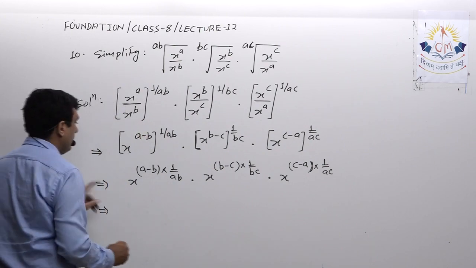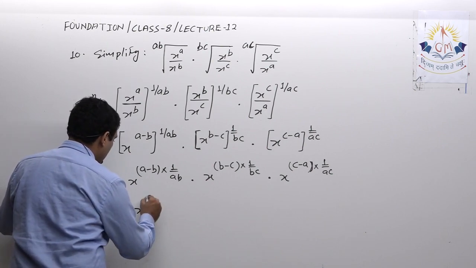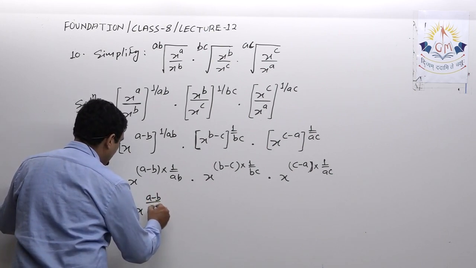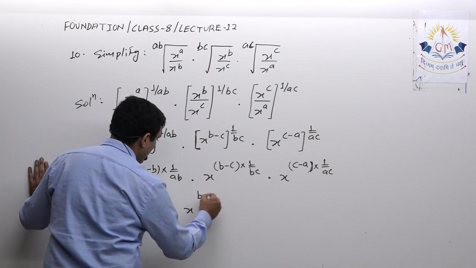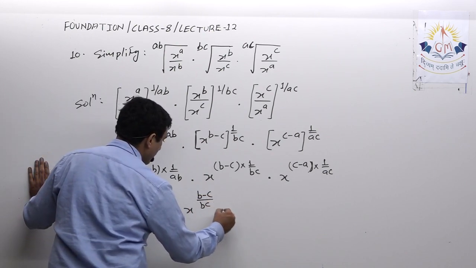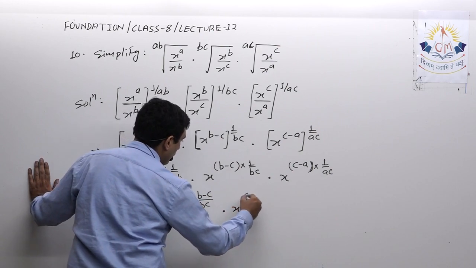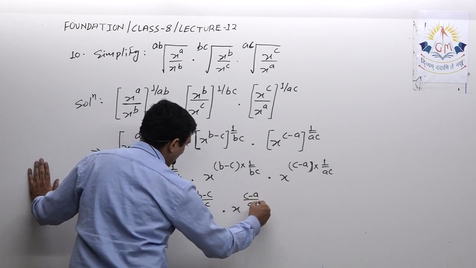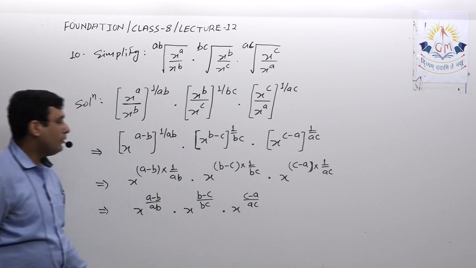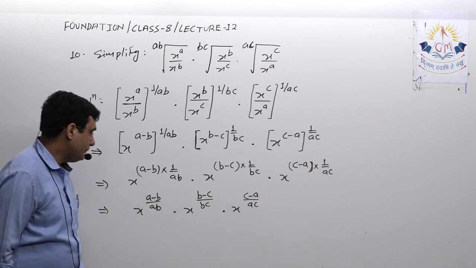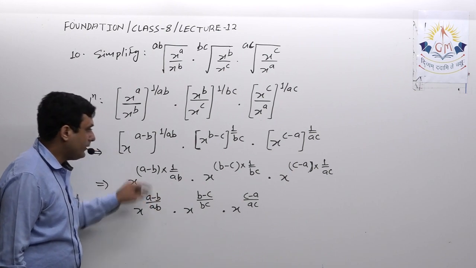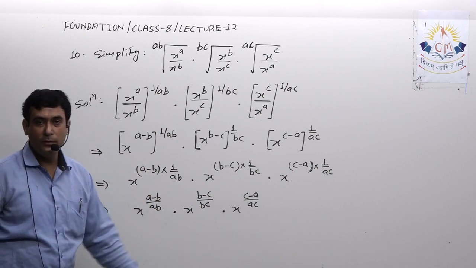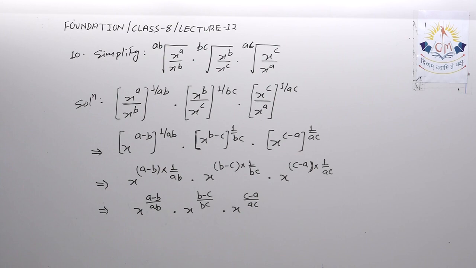Okay, so now this actually becomes x raised to A minus B upon AB into x raised to B minus C upon BC into x raised to C minus A upon AC. Now definitely I can apply the product law, but before that I will simplify this. So first of all, note it down, then we'll see the further solution.